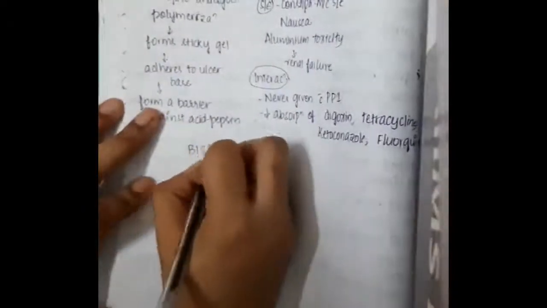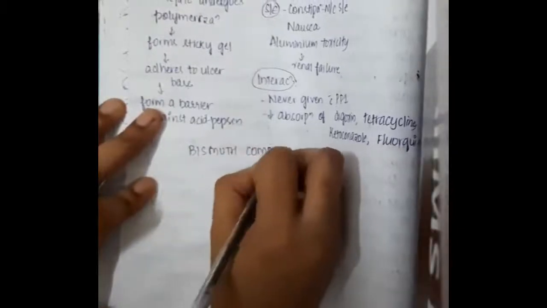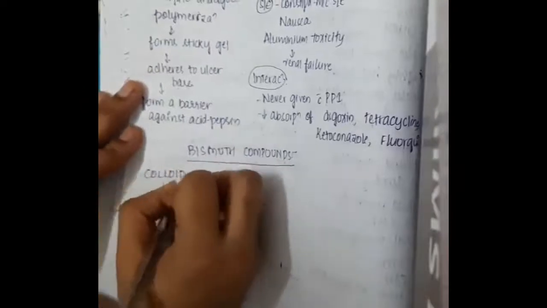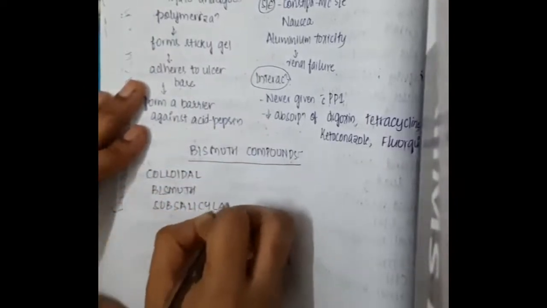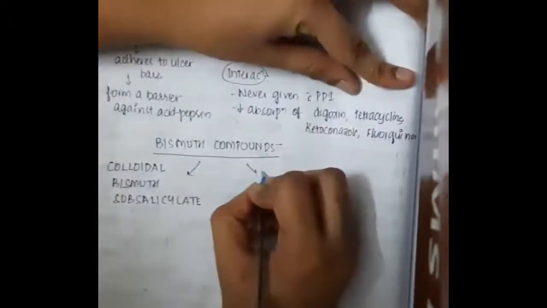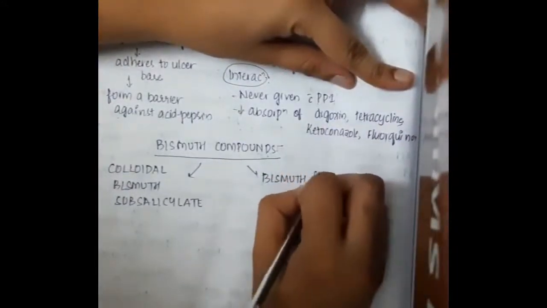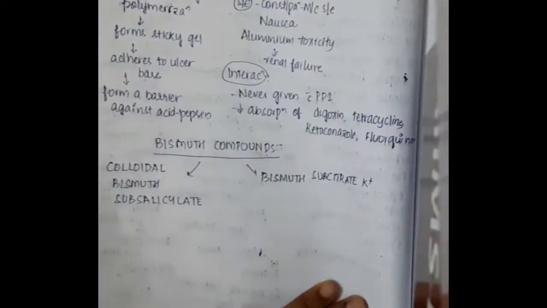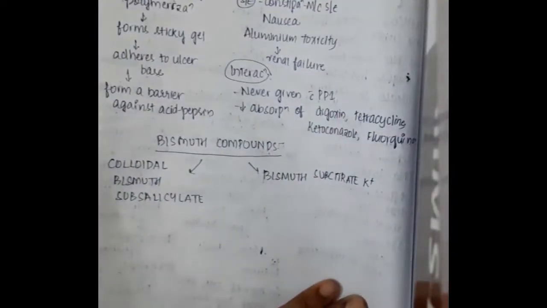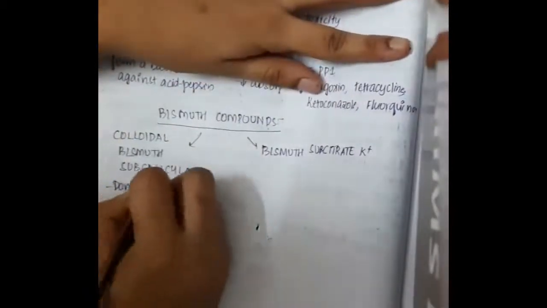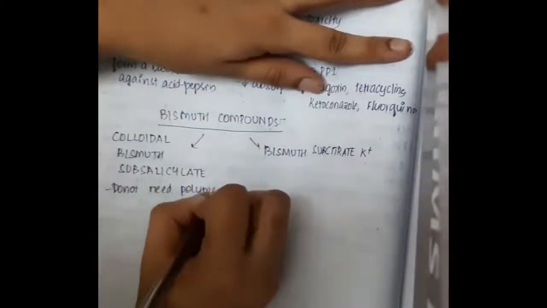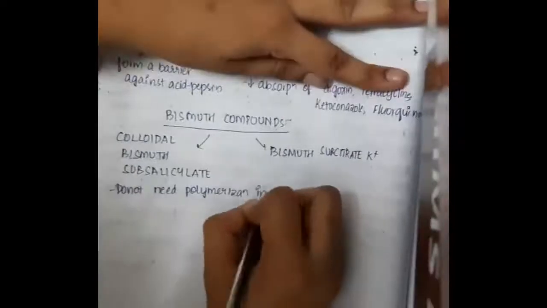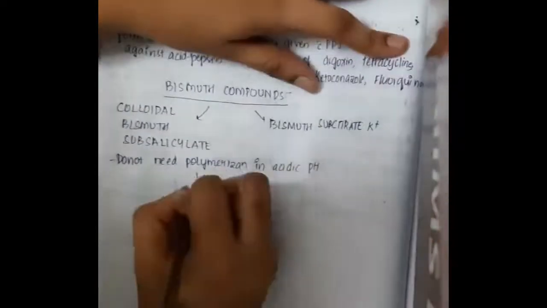Then the next important drug is bismuth compounds. Bismuth compounds can be divided into two types. One, we have colloidal bismuth subsalicylate. Second, we have bismuth subcitrate potassium. Now, for these bismuth compounds, we do not need polymerization in acidic pH.